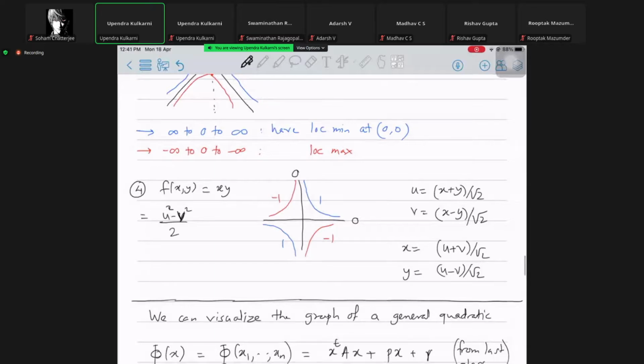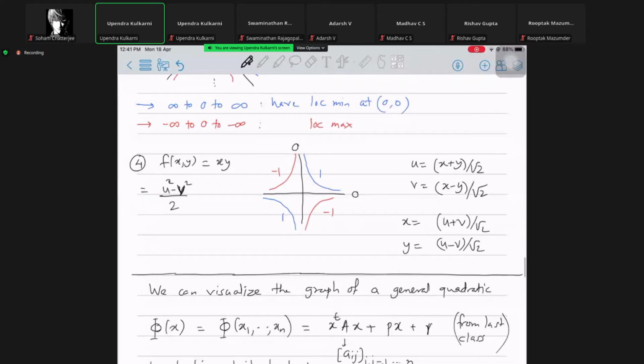So notice what I did over here. I just want to carry out exactly the same thing. So with this in mind, let us try to see the example. Okay. So this example number 4, let us try to carry out in terms of the general language. So here, let's write this down. Here, what is A? 0, half, half, 0.